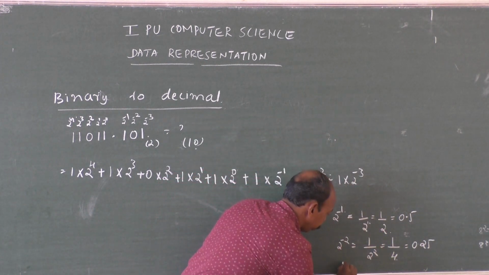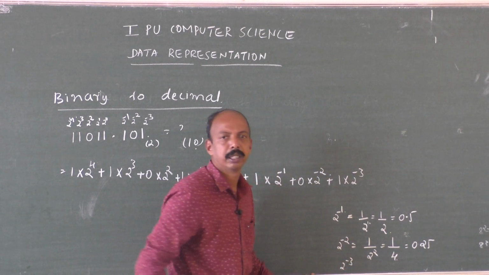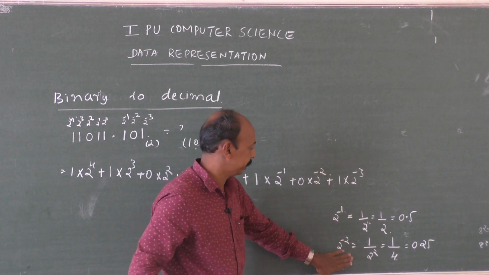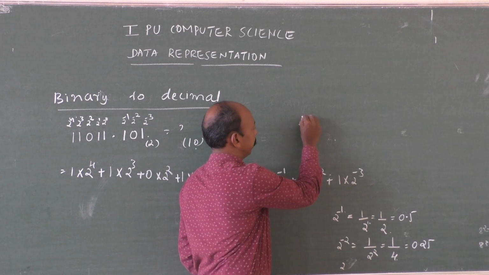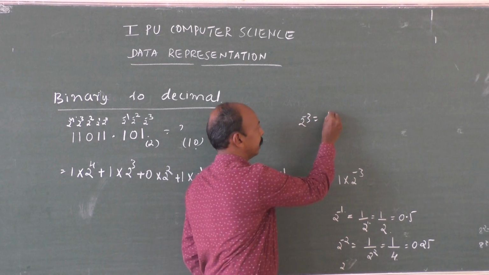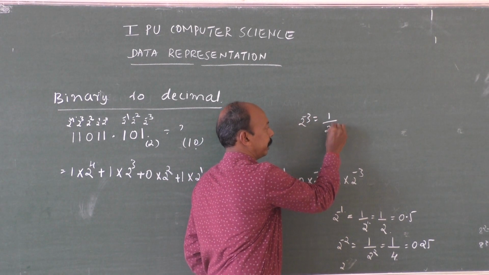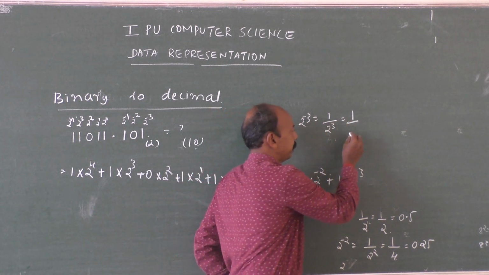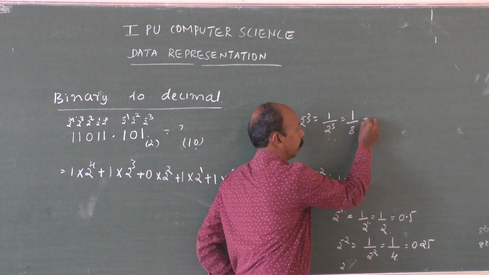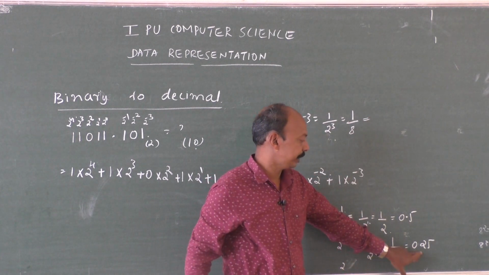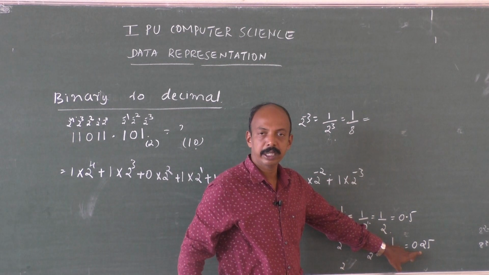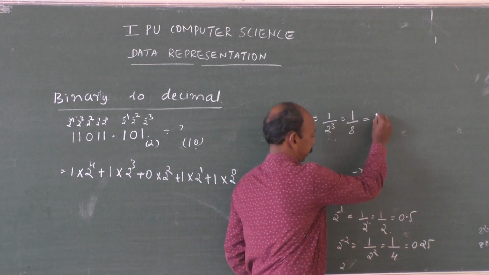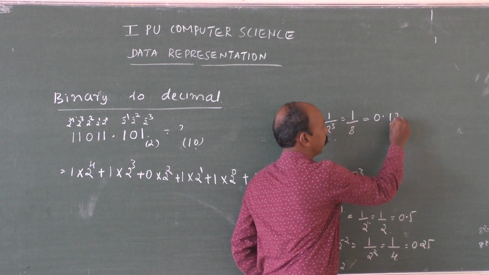Suppose we have 2 to the power minus 3. Let me write it over here. What is the answer? 1 by 2 to the power 3, that is 1 by 2 into 2 into 2, 3 times, that's 8. 1 by 8 is half of this, half of 0.25 will be 0.125.